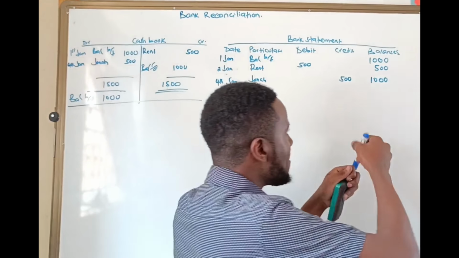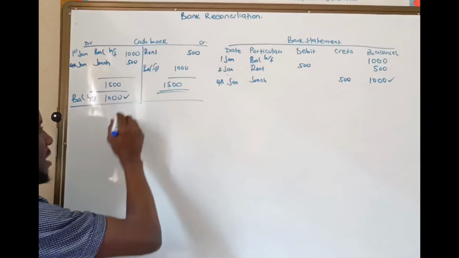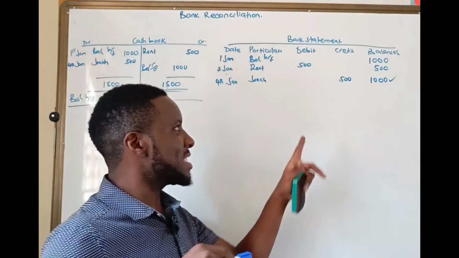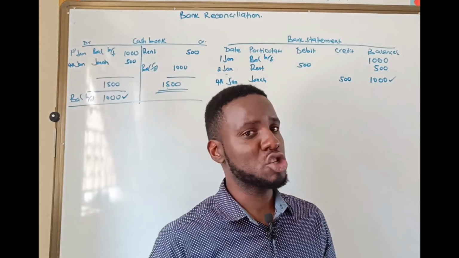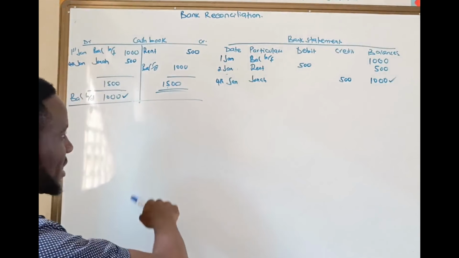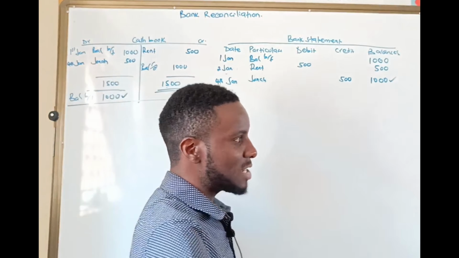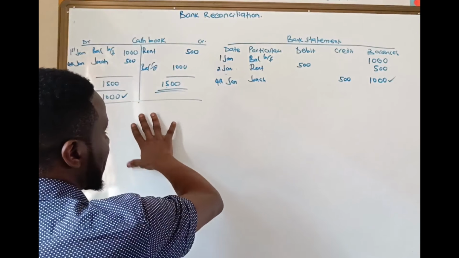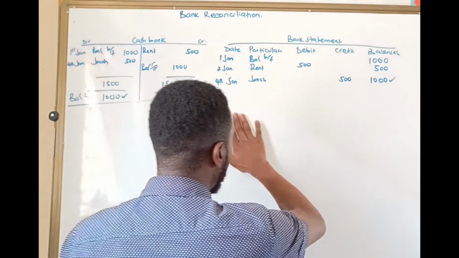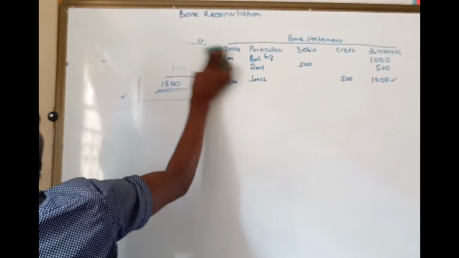You can see that our last balance here was 1,000, and our balance carried down is 1,000. This is how it should be, because when you get the bank statement, you should be able to reconcile with what is in the cash book. But that's not always the case. There are certain factors that make the bank statement and the cash book not have the same figures or the same value. Let us see what those things are.